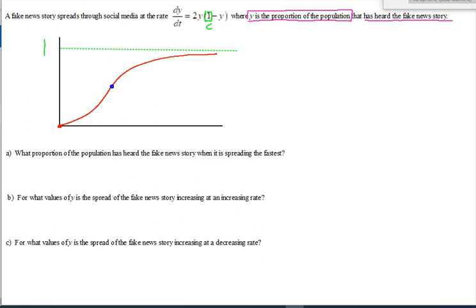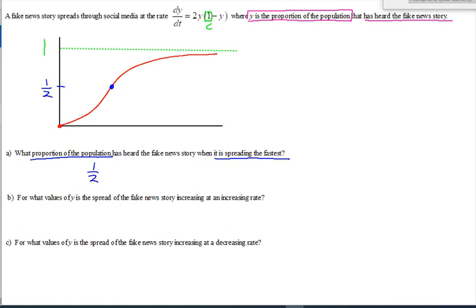This point of inflection occurs at half the carrying capacity. Half of 1 is 1/2. All right, so what proportion of the population has heard the fake news story when it is spreading the fastest? Spreading the fastest, you can see it's increasing at the greatest rate right here, when it's 1/2 of the population. At the point of inflection, that always occurs there.